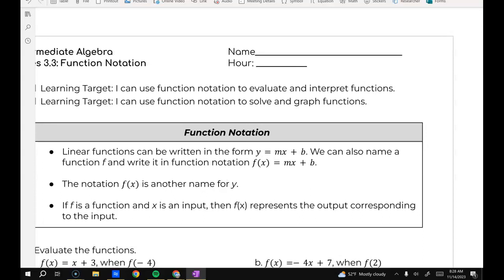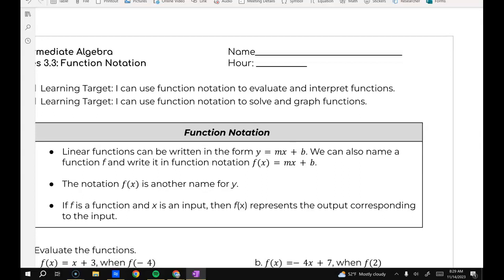We can use function notation to evaluate and interpret functions. Evaluate just means get a number out. And then we'll do a little bit today of function notation to solve and graph functions. That won't be our main focus, but we'll do at least one example.